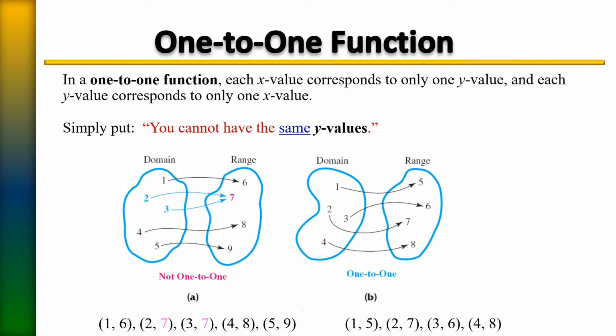And in the second example, we have 1 paired with 5, and we have (2, 7), (3, 6), (4, 8). So there are no violations there. Each of the y values is only paired once with each x value. So that is an example of a one-to-one function.